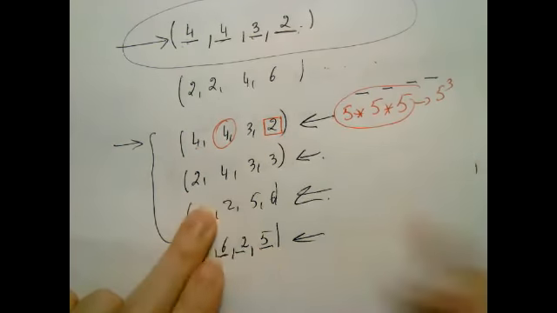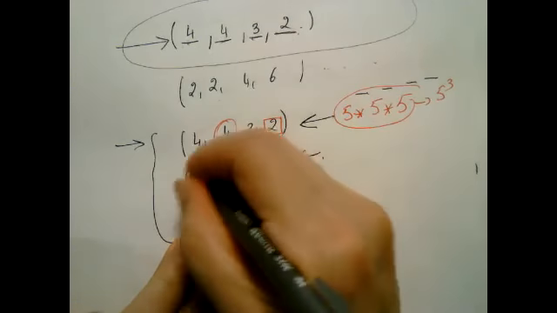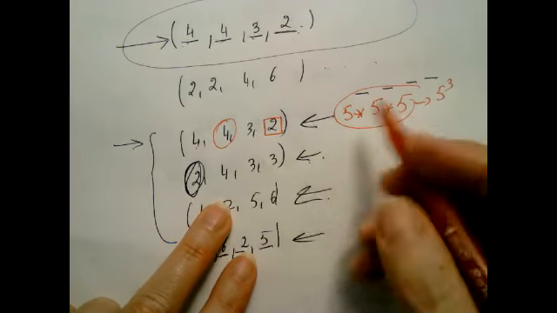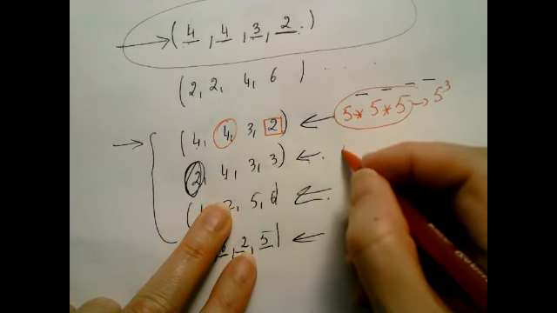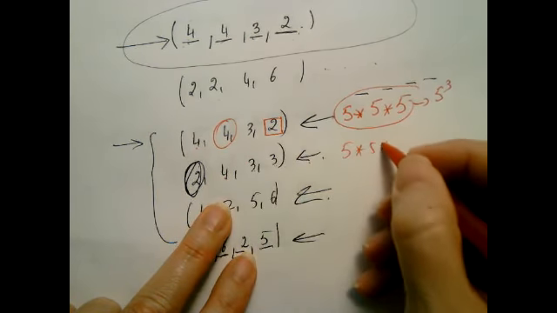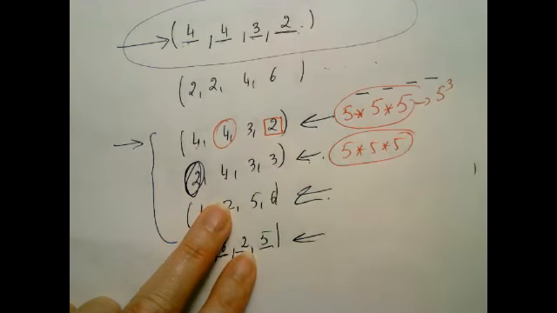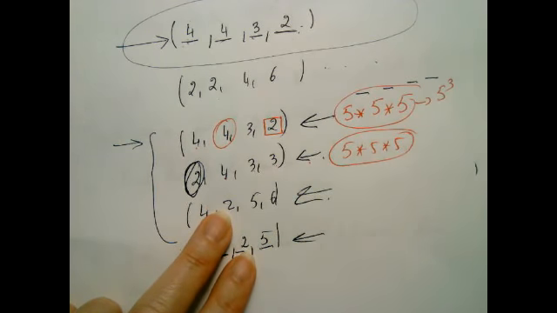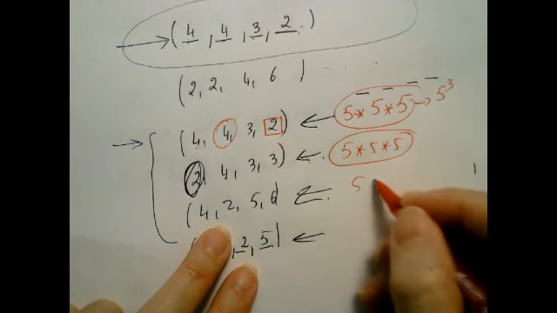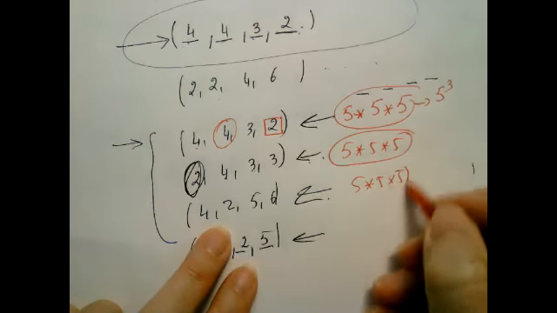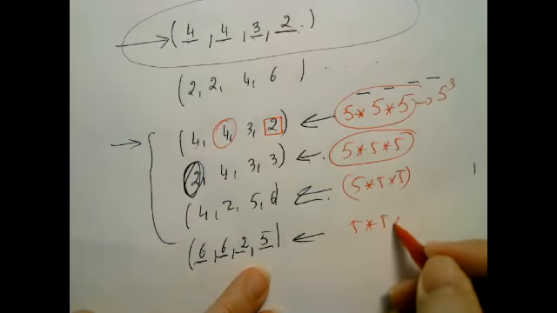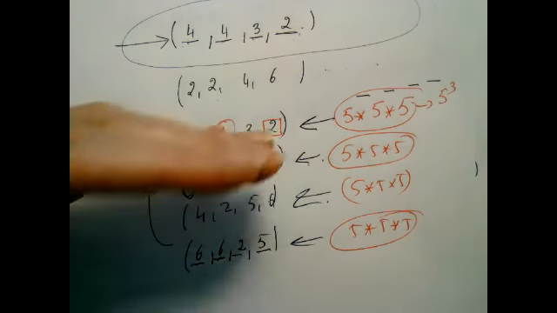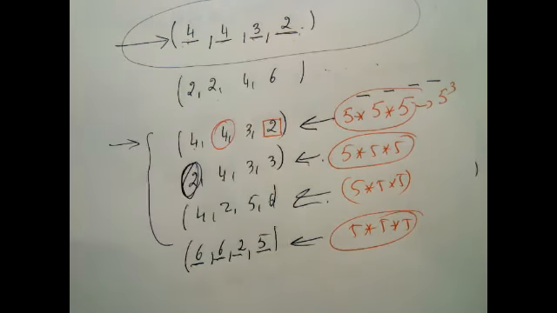In this scenario, my 2 now is here, the first time we roll it. How many cases here? 5, 5, 5. So what I care about is the order in which the rolling happened, okay? And exactly 5, 5, 5, and 5, 5, 5. So again, I am basically breaking my problem into easier problems.